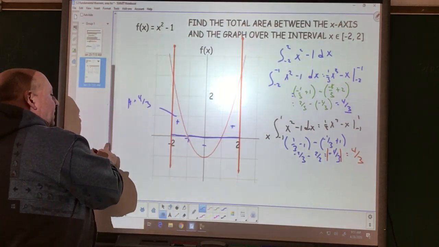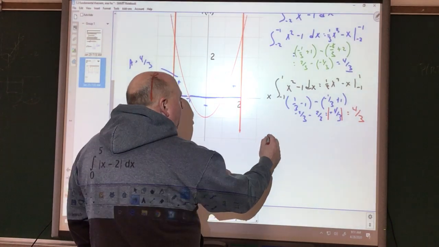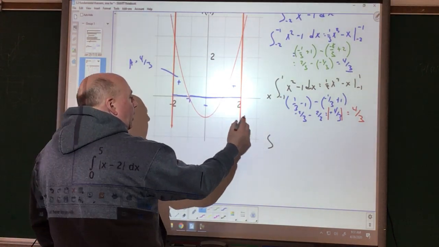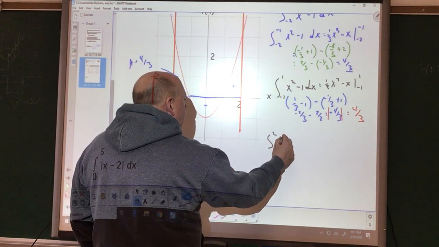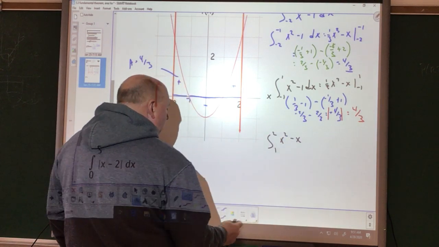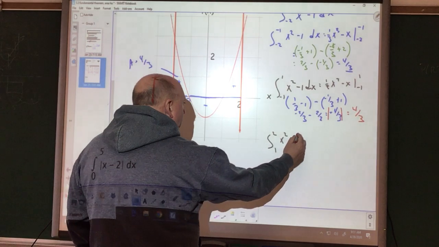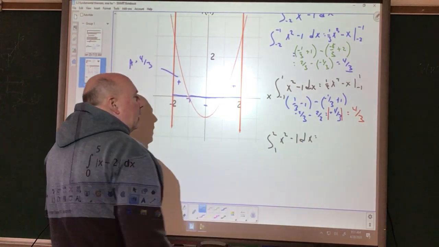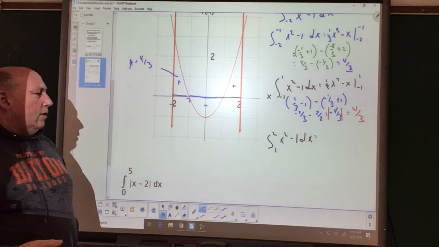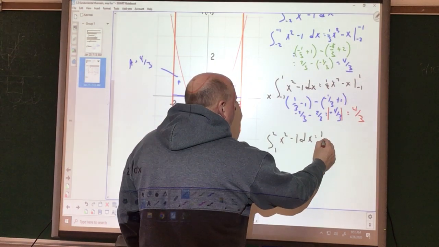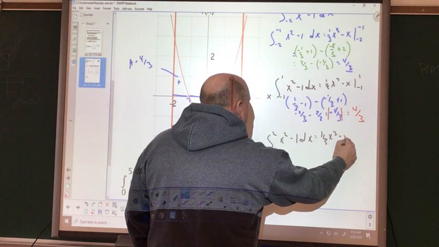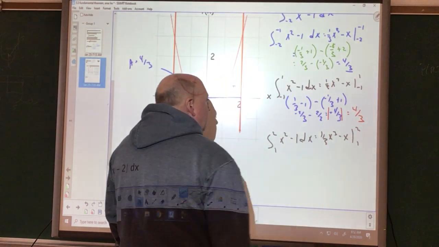And then my last integral is from 1 to 2 of x squared minus 1 dx, which is going to give us the same antiderivative, 1/3 x cubed minus x, that we have to evaluate from 1 to 2.